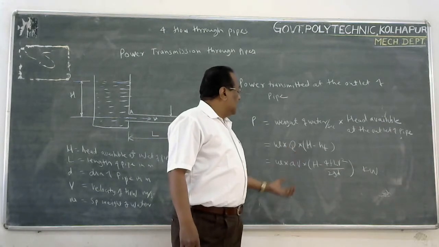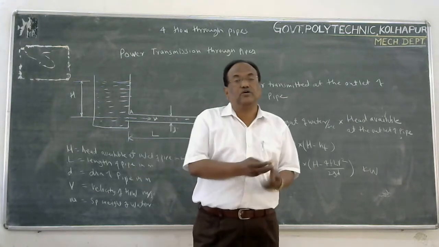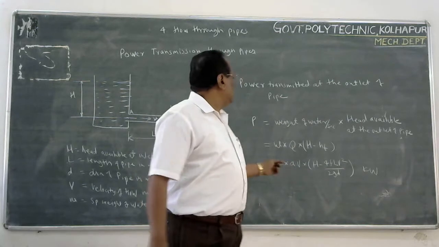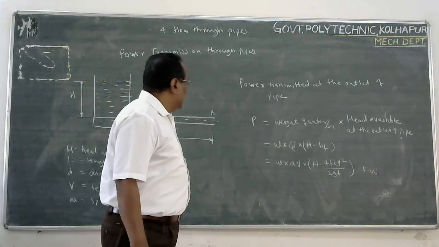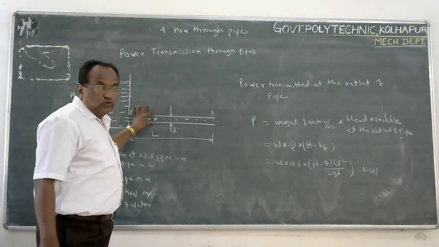The discharge Q is calculated by formula A into V. Q is equal to A into V. A is the cross-sectional area of the pipe and V is the velocity of flow through the pipe.